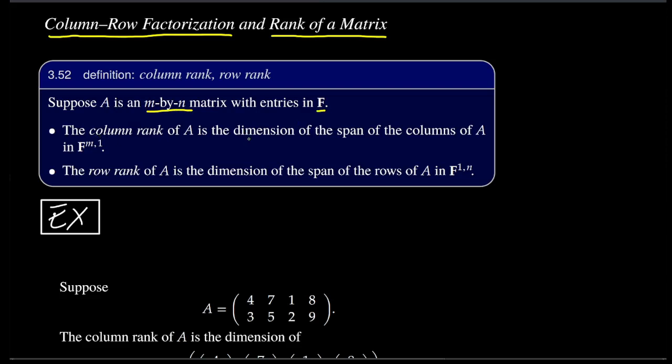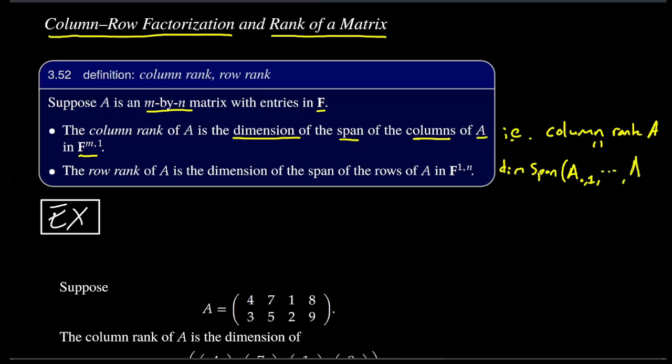So the column rank of A is the dimension of the span of the columns of A in F^(m,1), i.e., column rank A is equal to dim span of the columns of A, using our notation, A dot comma 1, all the way down to A dot comma n, with a comma to separate the various entries.